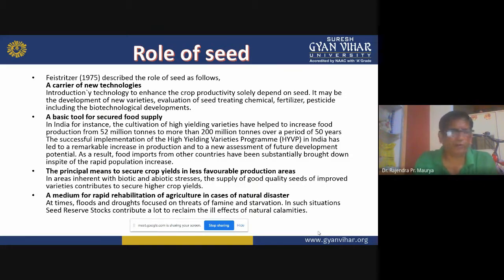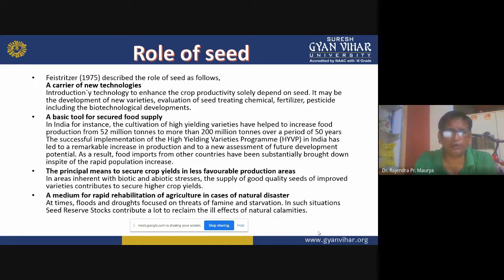Development of new varieties or evolution of the seed treatment chemicals, also as per that particular variety, what is the fertilizer requirement, and also for pesticides. Right now many biotechnological companies are also developing new varieties. The most common examples are BT cotton, BT brinjal, and so on. Also the golden rice too.